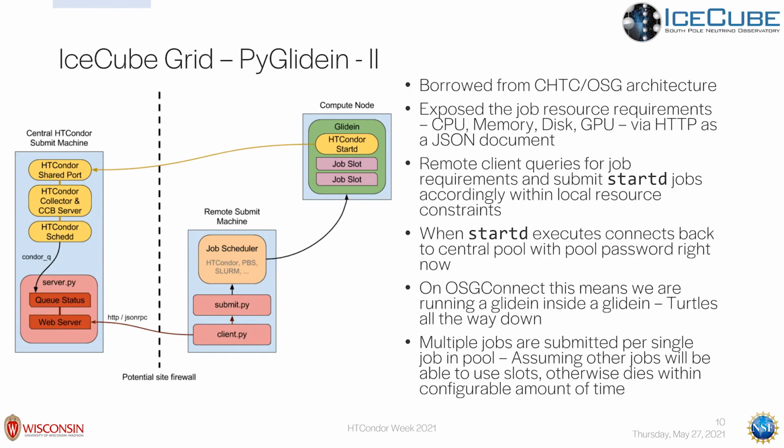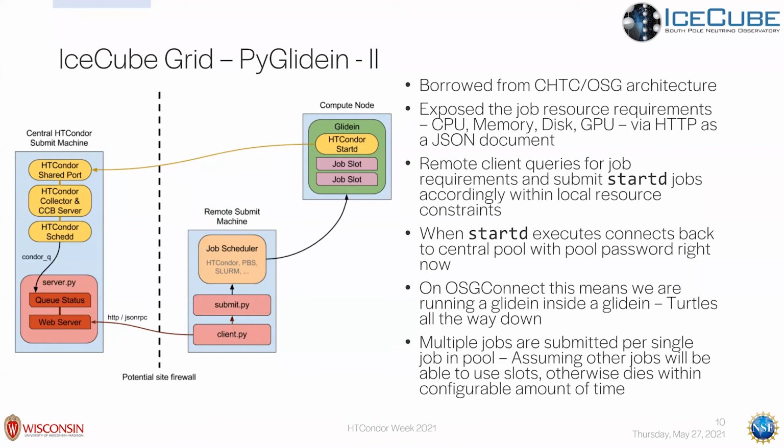So basically, we borrowed a significant portion from the CHTC and the OSG architecture, and said, we expose our job resource requirements somehow, and in this case, we did it through an HTTP and a JSON document. So basically, do a query on a schedd, or rather a queue, and then you get a reply of how many CPUs, GPUs, memory, disk, these various job needs.